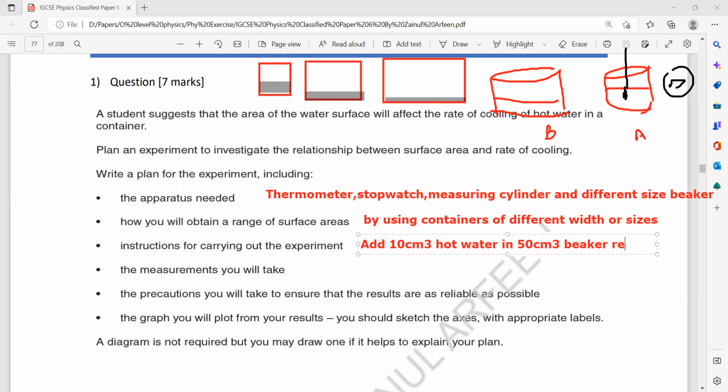Then we will record the initial temperature, or the starting temperature. Then start the timer and record temperature for 3 minutes with a 30-second interval.